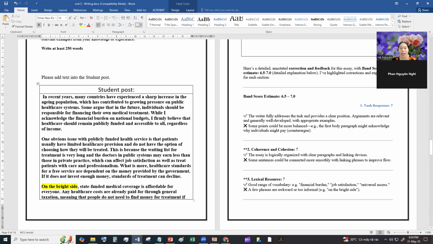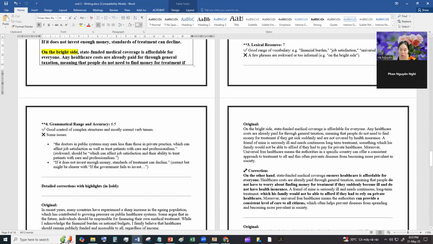And it's okay, on the upside, on the bright side, it's very much okay for speaking, because speaking in IELTS is spoken language firstly, and you are allowed to use a bit informal language in speaking. But for writing, the more academic you are, the better. So for example, on the other hand, it's a much more suitable alternative, okay?